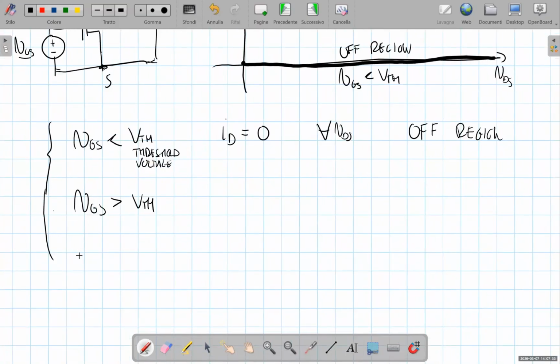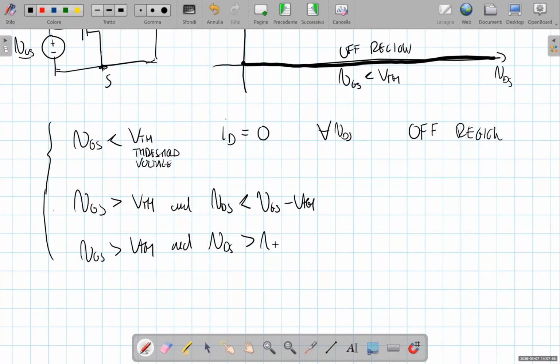The case in which VGS is larger than the threshold voltage and VDS is relatively small, less than VGS minus the threshold voltage, and the other case in which VGS is larger than the threshold voltage and VDS is also larger than VGS minus VTH.